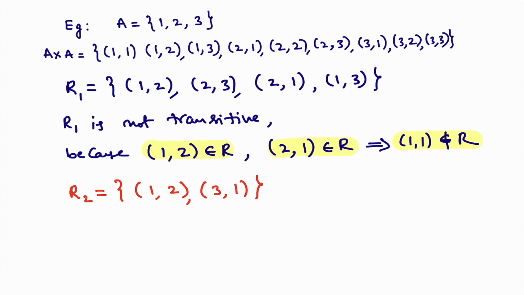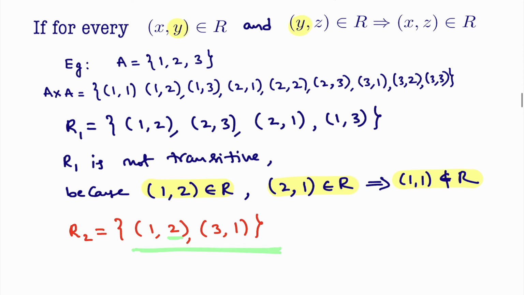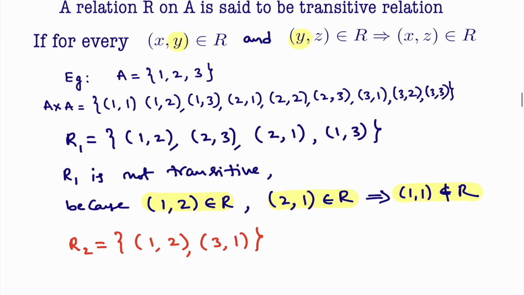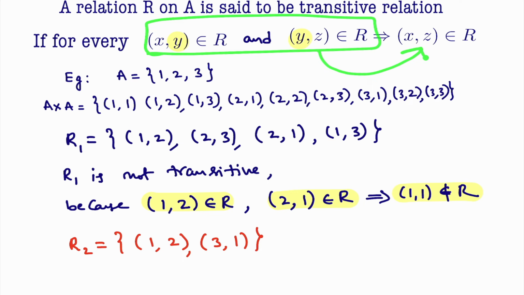Now, how to check whether this relation is transitive or not? First, come to this (1, 2), right? This ends with 2. Now, you check whether any other ordered pair starts with 2. No other ordered pair starts with 2. But actually, what is the definition of a transitive relation? For every (x, y) and (y, z) belonging to R, if such ordered pairs exist, then we look for (x, z).